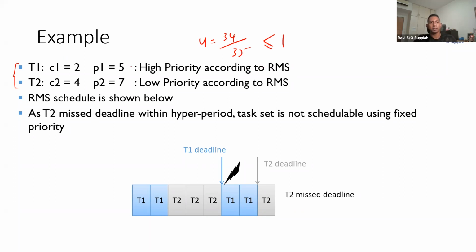Based on RMS, the smaller period task will have a higher priority. So task 1 will run first, followed by task 2. When I draw out the timing diagram, we can see that task 2 actually misses the deadline. Once we see that this is happening, we can immediately say that this task set is not schedulable.